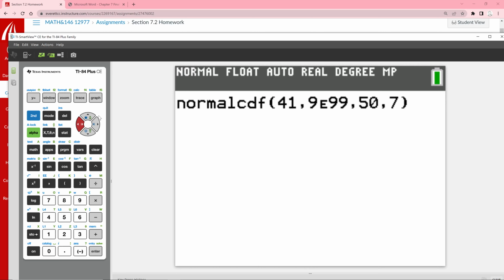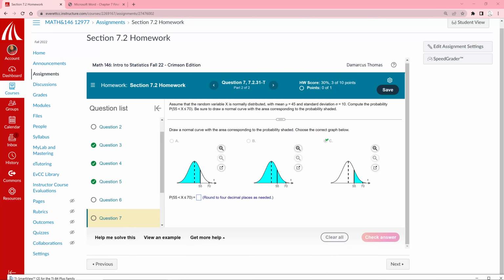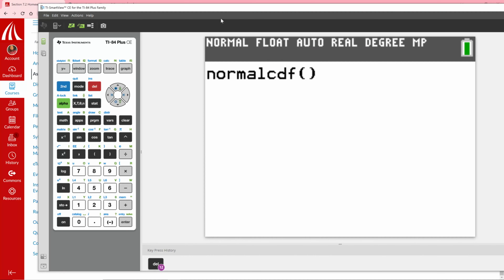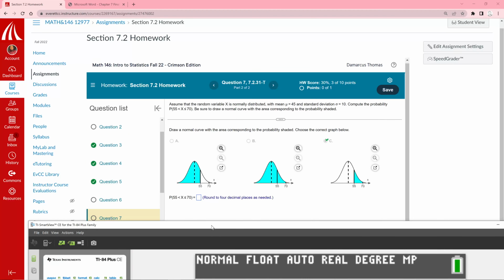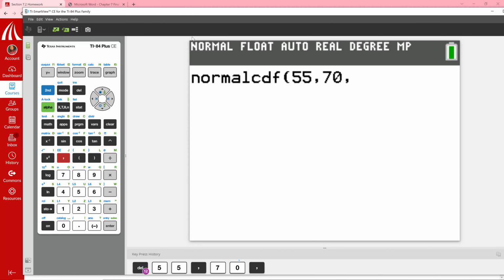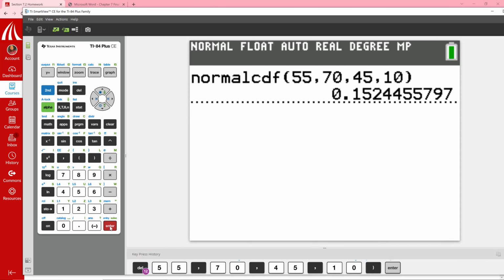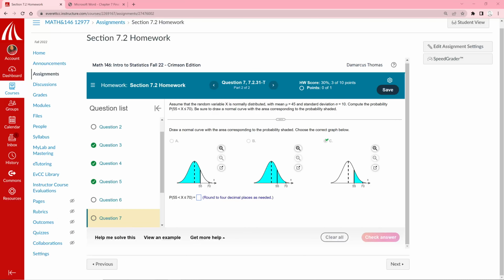Just change it around. Again, my lower bound 55, 70. My mean 45, deviation 10. Has to be in this order. I'm getting 1524.